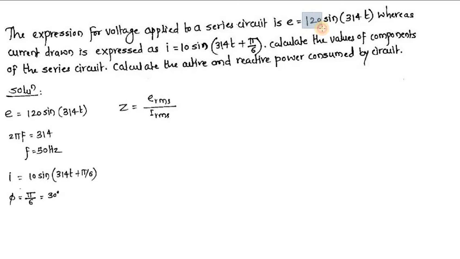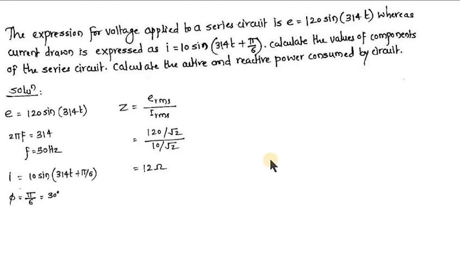We know this is the maximum value of voltage and this is the maximum value of current. Maximum value of voltage divided by root 2 becomes RMS value of voltage. Maximum value of current divided by root 2 becomes RMS value of current. So E RMS is 120 by root 2, I RMS is 10 by root 2. What we get is 12 ohm.